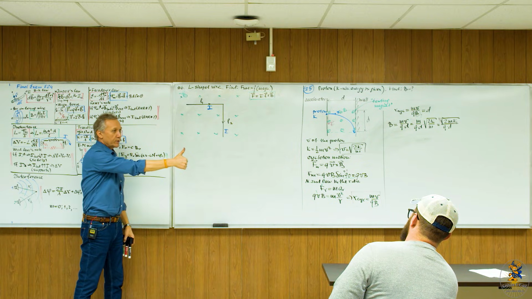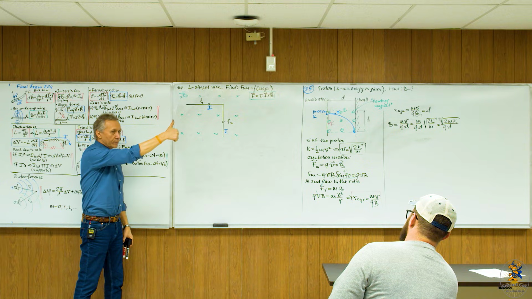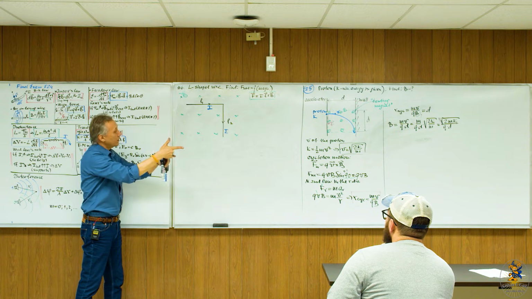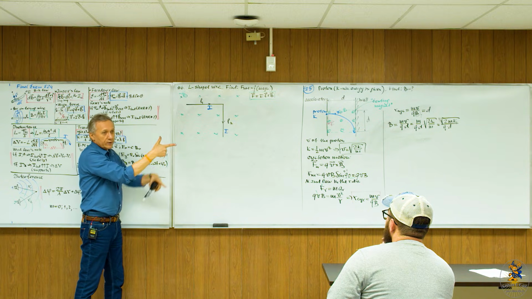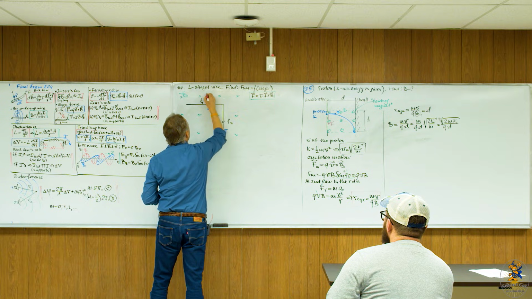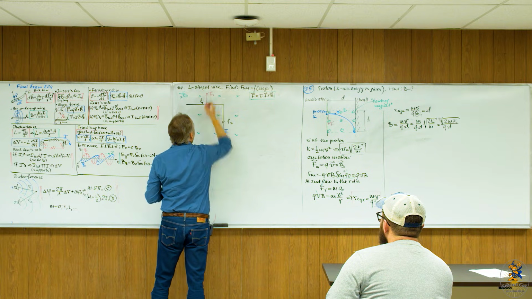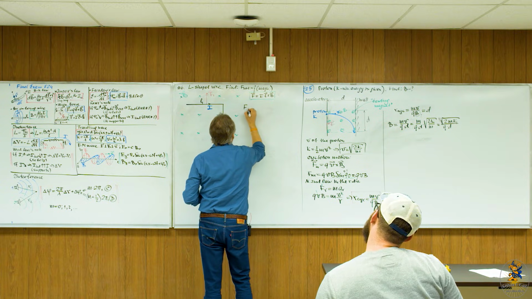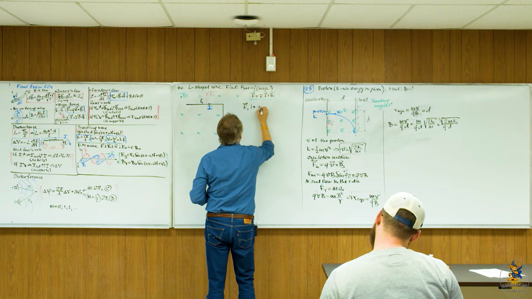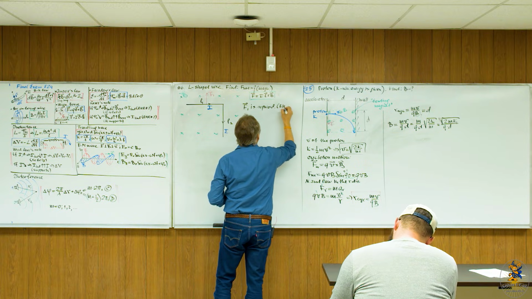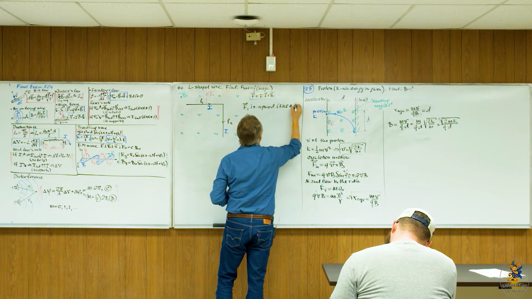So L cross B, the force is up. Or with three fingers, this is L, B into the board, so the force is up. So this will be the force F1. F1 is upward. Again, right-hand rule number 1.